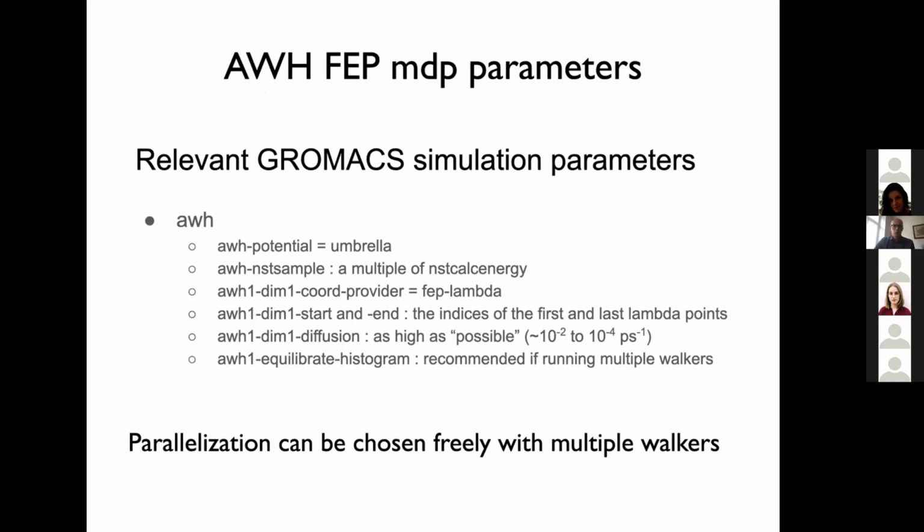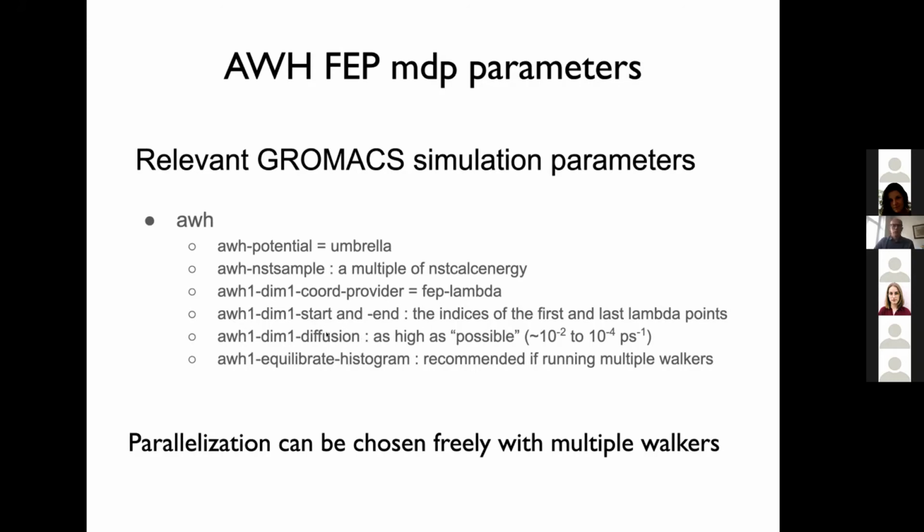and this actually turns out to be pretty efficient. So in this case, you need to set the AWH potential. We have an umbrella potential. You have a coordinate provider there, which is now called fep-lambda, and then we have a start and an end, which are usually 0 and 1, the end states of your alchemical transformation.